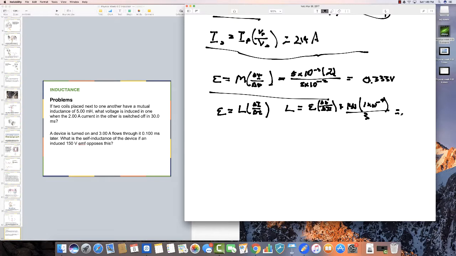So the self-inductance here is 5 times 10 to the minus 3 henries, or 5 millihenries.